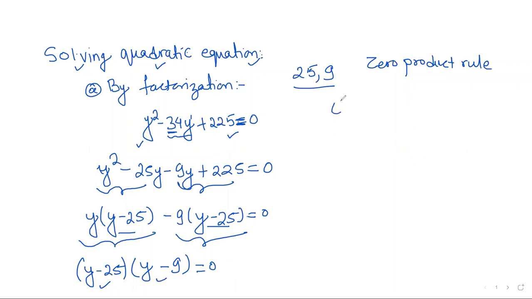If y minus 25 is equal to 0, using linear equation solving, we add 25 on both sides, and that gives us y equals 25.